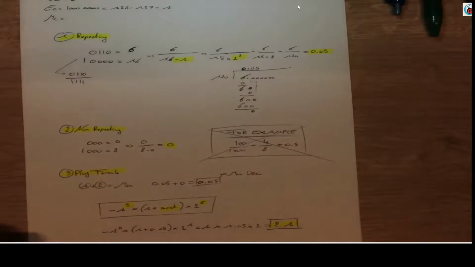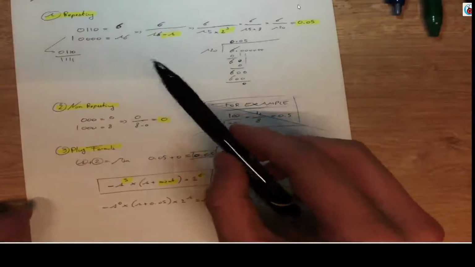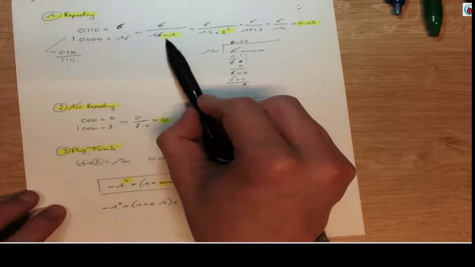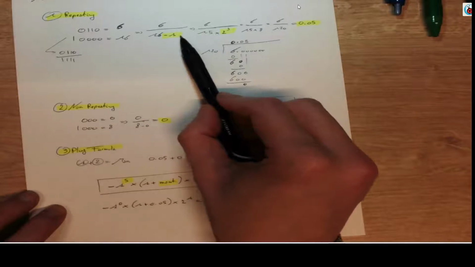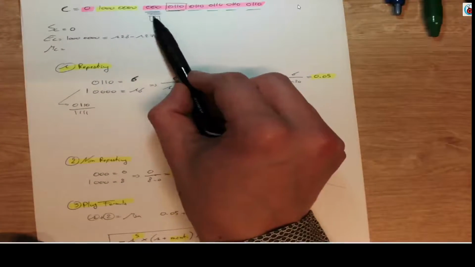There is no difference between an infinite or a finite number, just the fact that based on infinite or finite you will have to do the repeating part or not. But the formula stays the same. The thing here stays the same as well. Just don't make the mistake for the repeating part. You do the -1 for the part that you use, so this, the next most significant -1 for the infinite geometric series, and you multiply this by 2 to the power of the amount of bits you have before the repeating part.